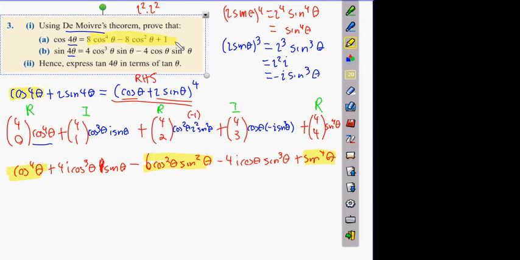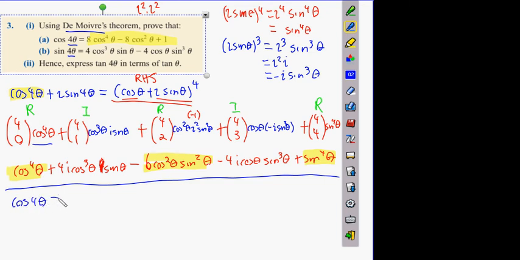Okay, so in order to change these three into the same thing, we're going to have a general formula down here. The general formula is going to be cos 4θ equals cos⁴θ − 6cos²θ sin²θ + sin⁴θ.